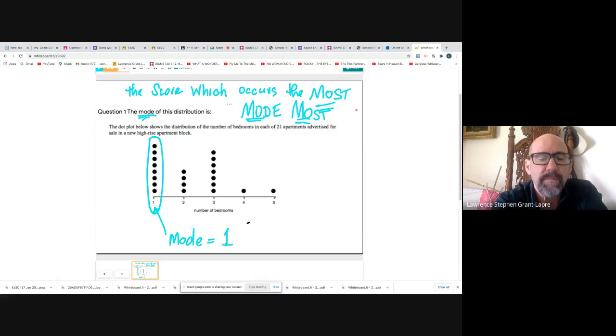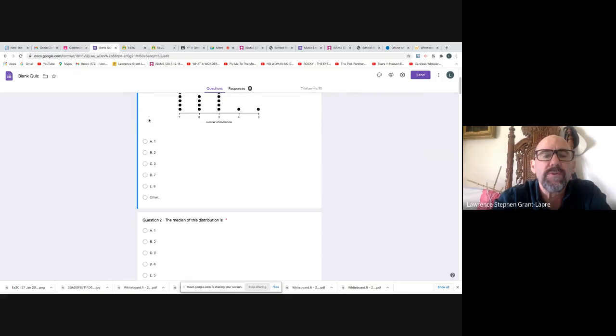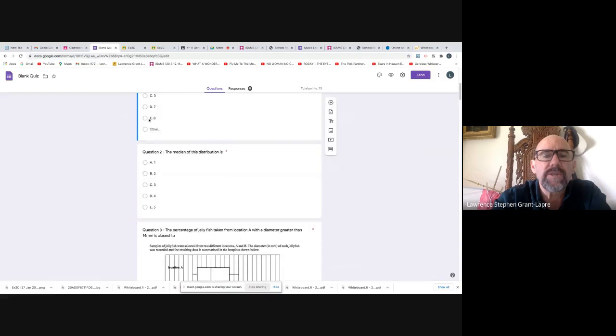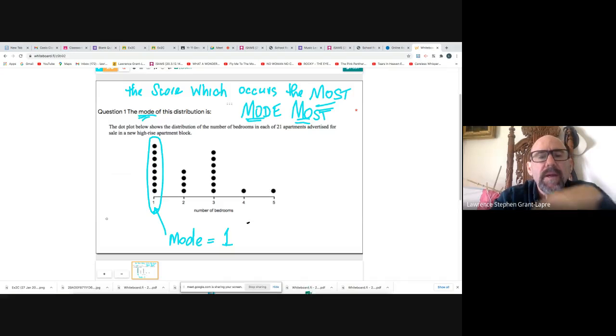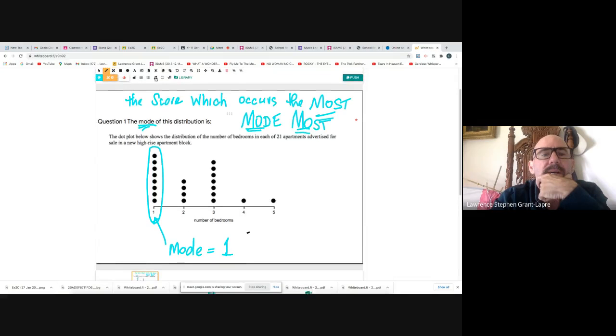All right, so question 1 with 1 mark to select the right mode. Question 2. If I go through each question, we can alleviate any problems. So the median, let's look at the median of this distribution.